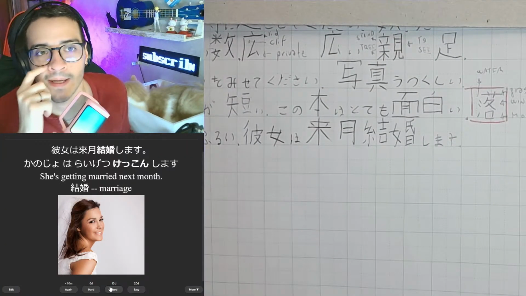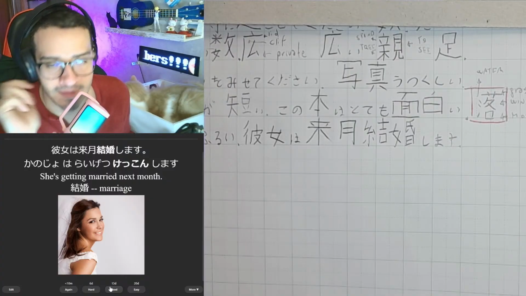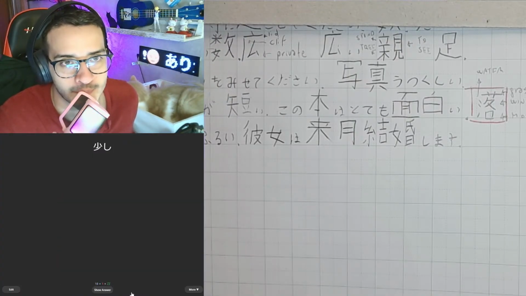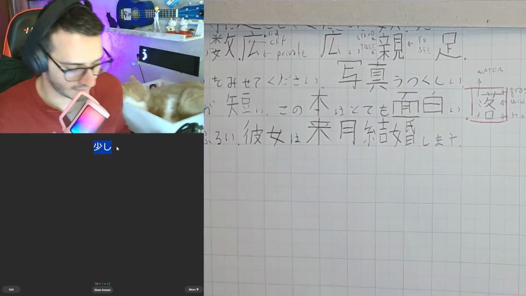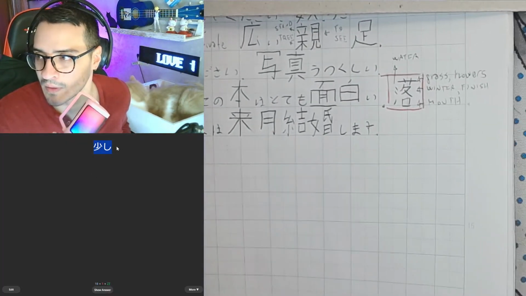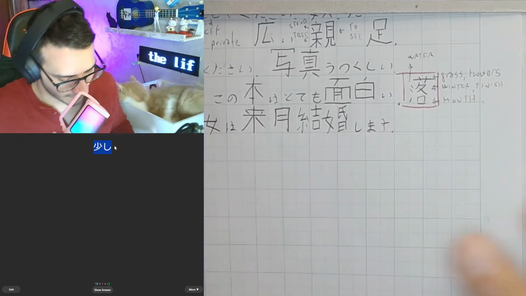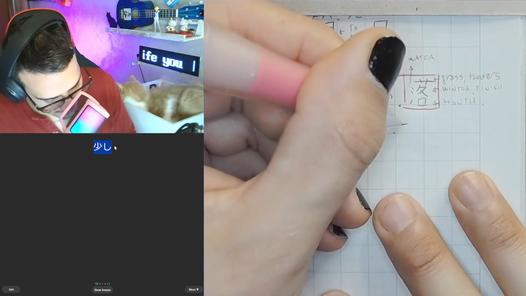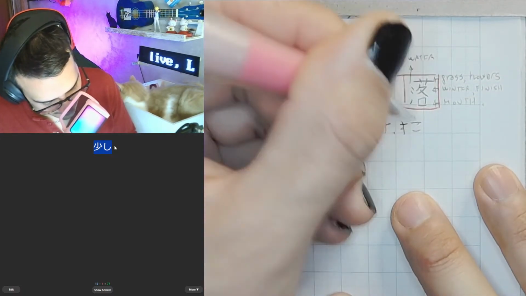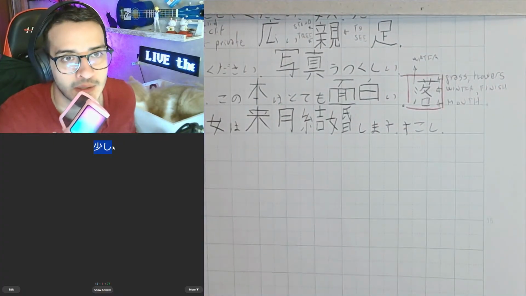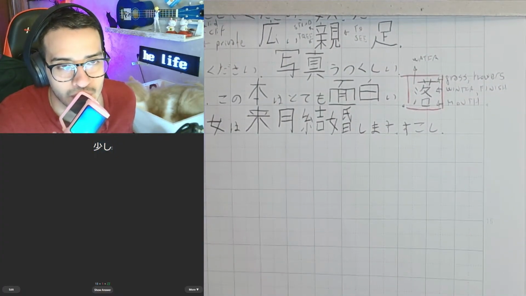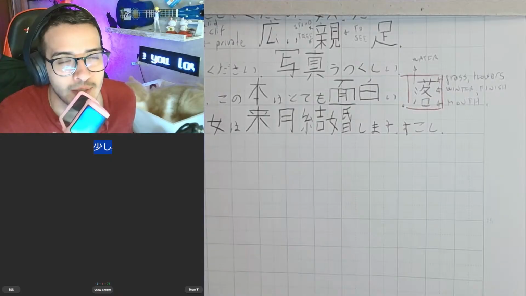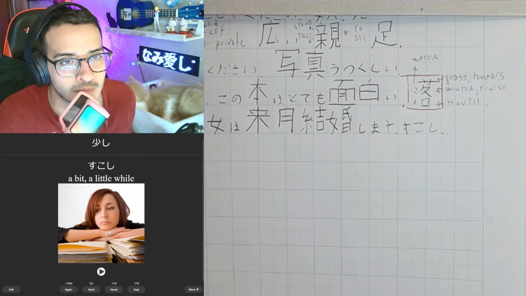彼女は来月結婚します. Easy. How do we read this kanji? 少し, meaning a few, a little, a bit, a little while.